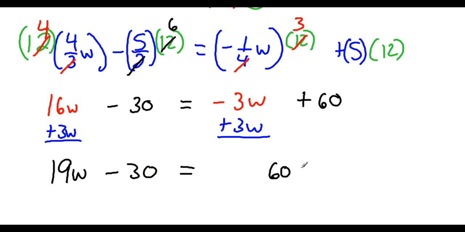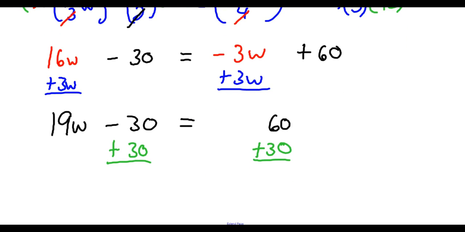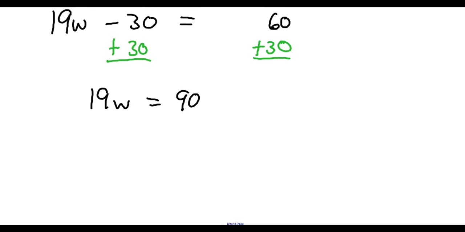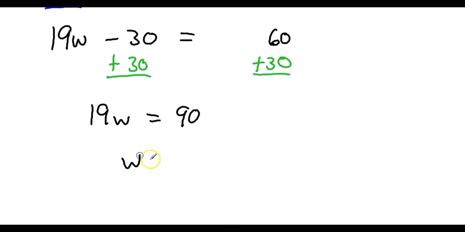And from there, only one other thing to do. We're going to add 30 to both sides. So we're left with 19W equal to 90. And then just divide to get 90 divided by 19. 19's prime, so there's nothing you can divide into 19.